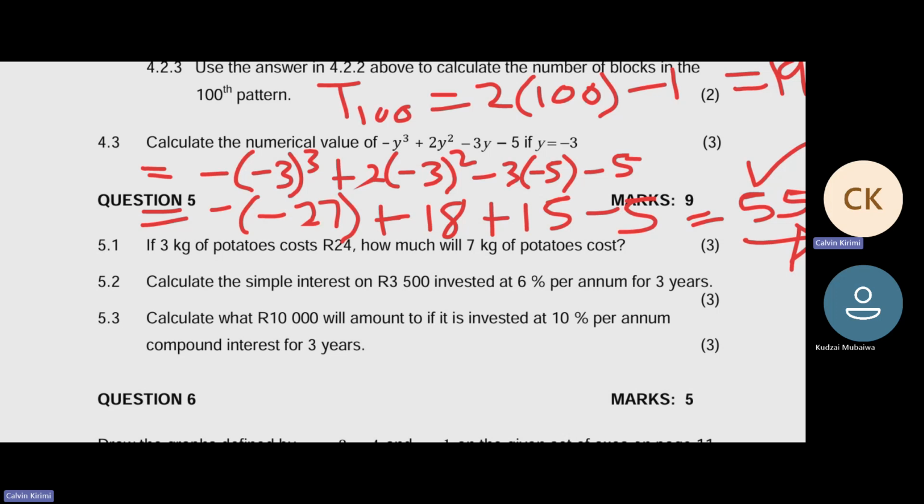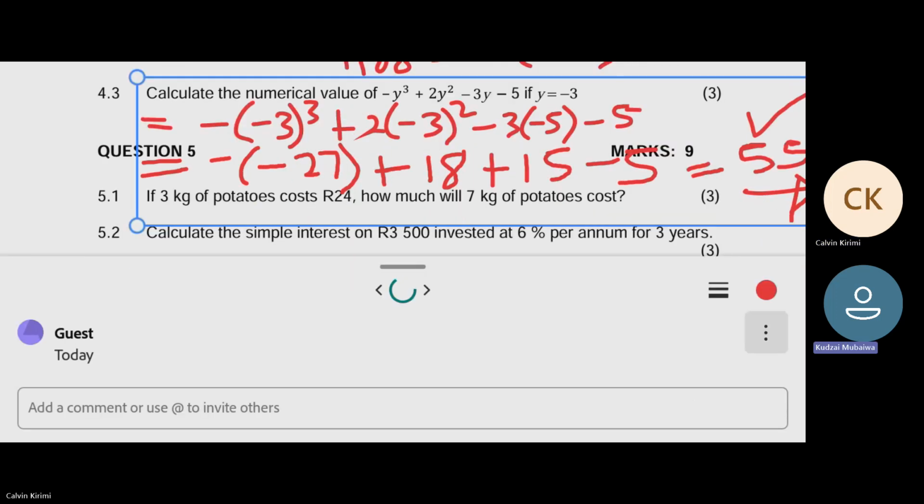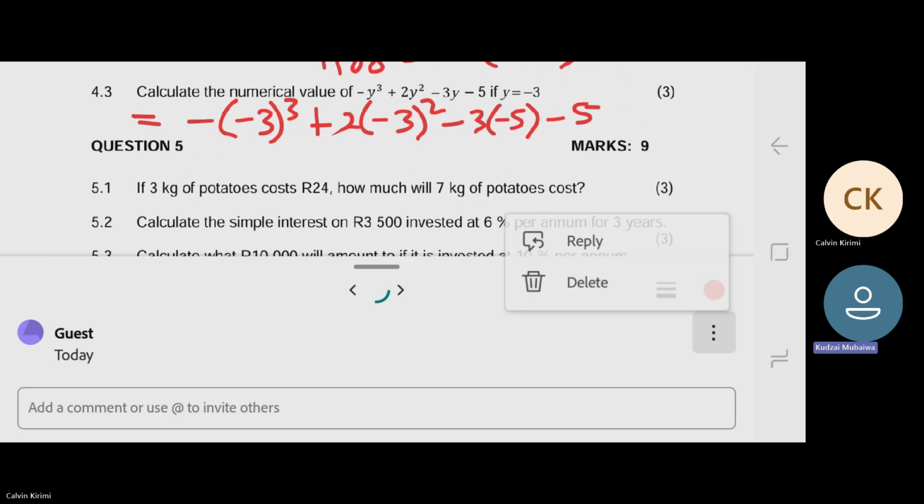So they are saying, if 3 kgs of potatoes cost 24 rand, how much will 7 kgs of potatoes cost? 5.1. Yes, sir. So we're going to divide 24 by the 3 kg to get the cost of 1 kg, which is 8 rand.